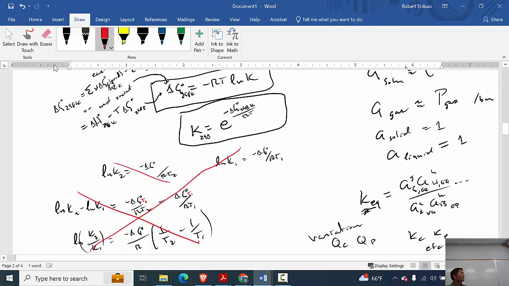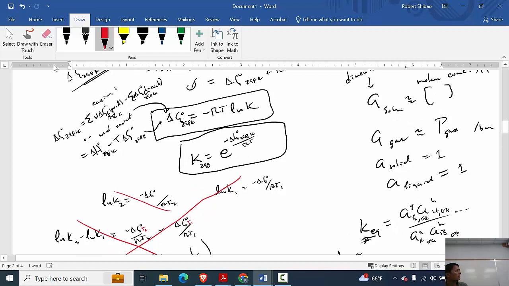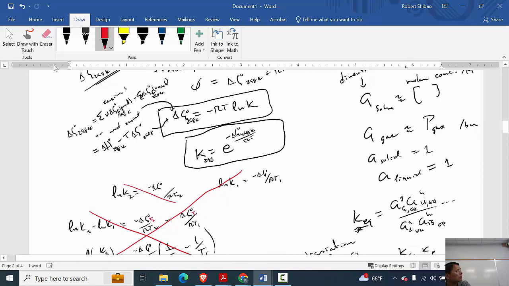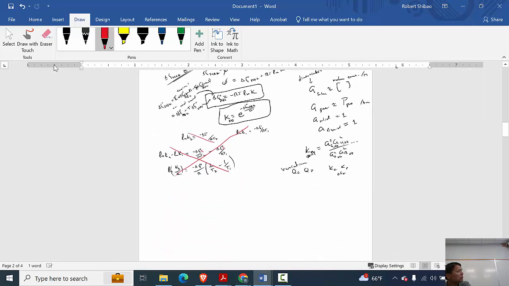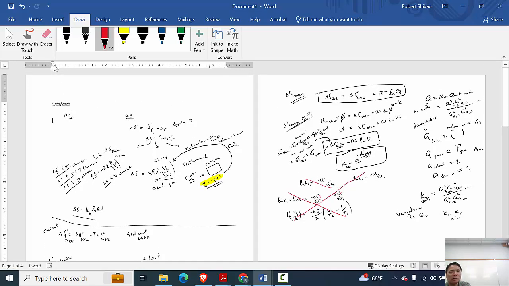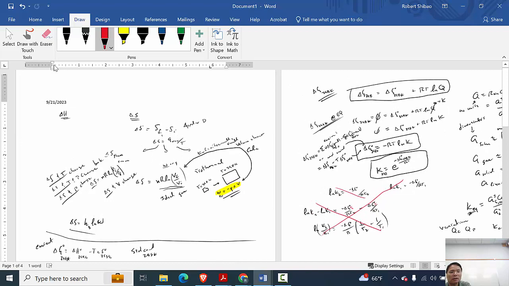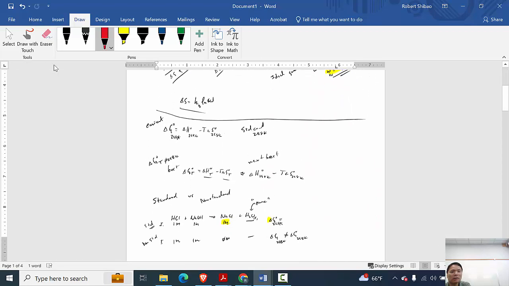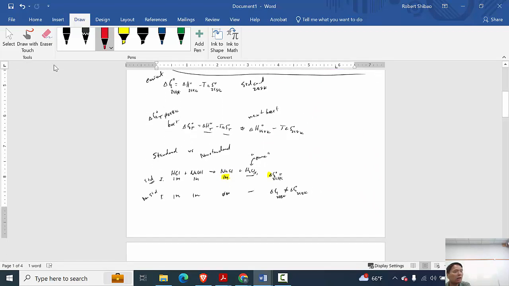And so what happens if I'm not at 298 Kelvin? So let's say I want to change the driving force. I'm going to ask the same question I asked earlier. At what temperature does delta G change?